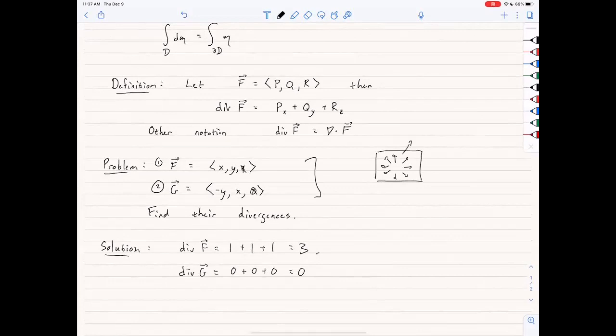So we get very long. And on the other hand, for G, our vectors do get longer as we go out from the origin, but this, as you'll recall, we've seen this vector field before. This is a rotational vector field. It's like that.